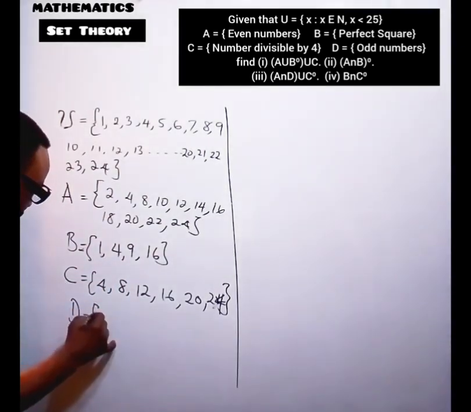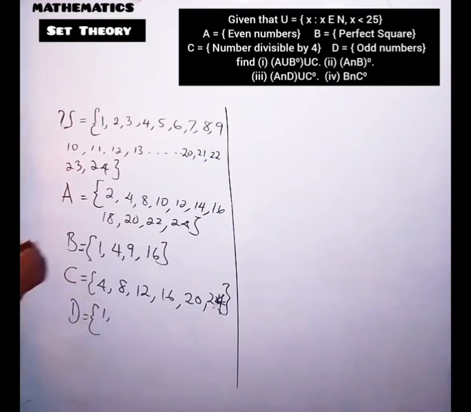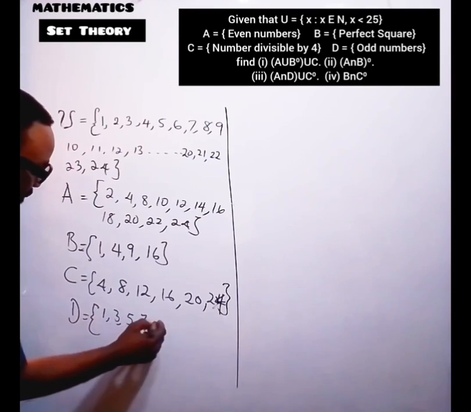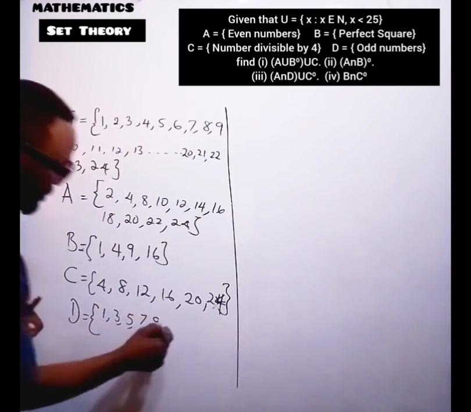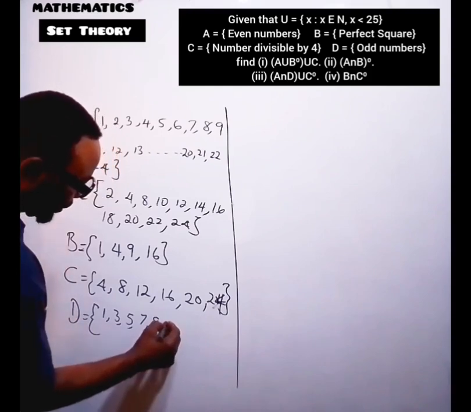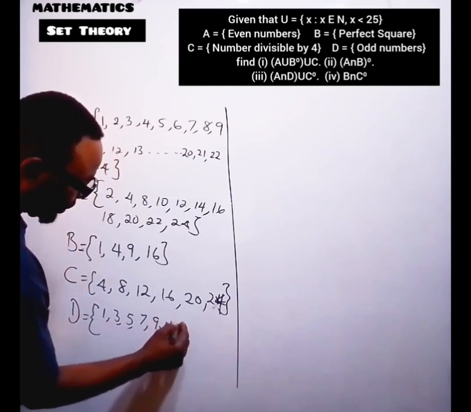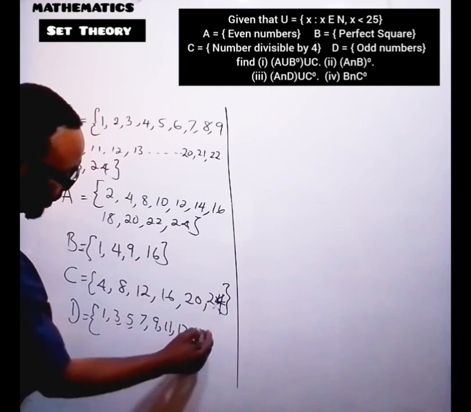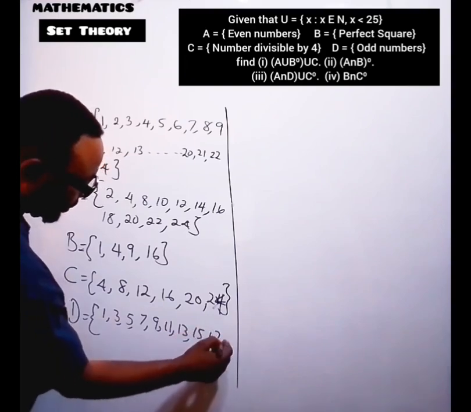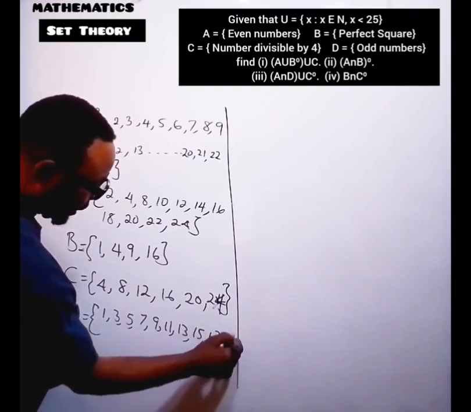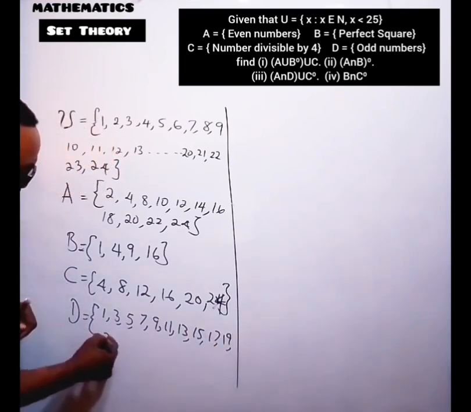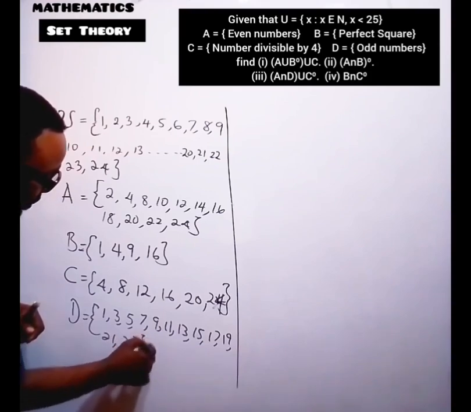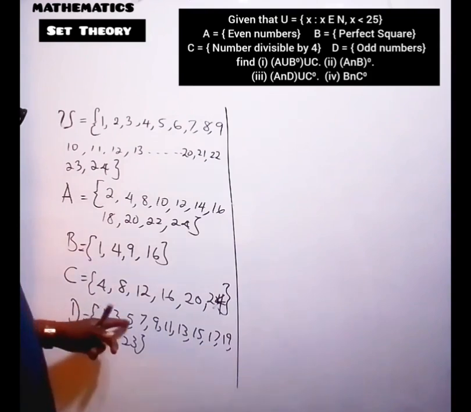So odd numbers are 1, 3, 5, 7, 9, 11, 13, 15, 17, 19, 21, 23. It stops there.